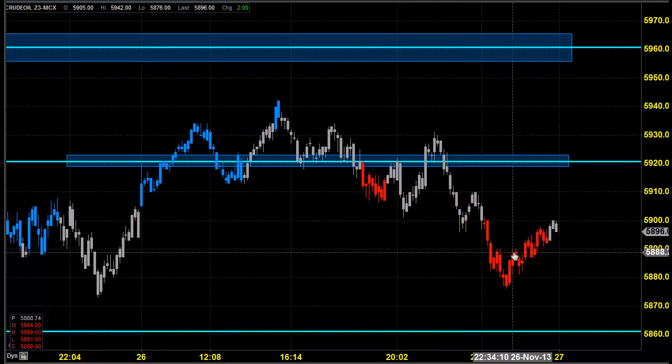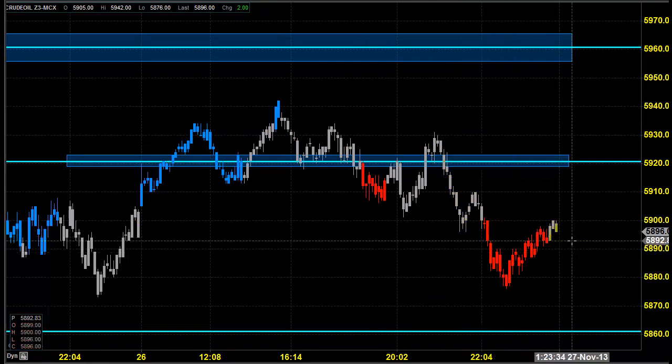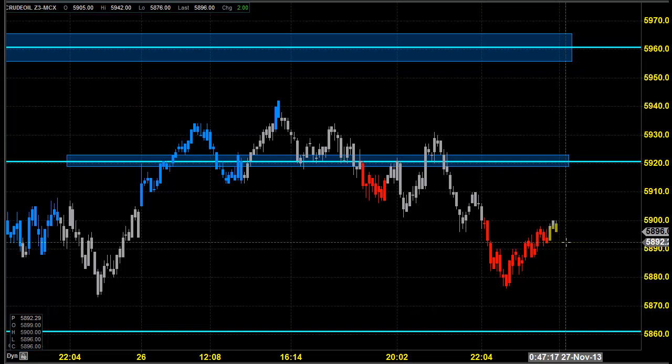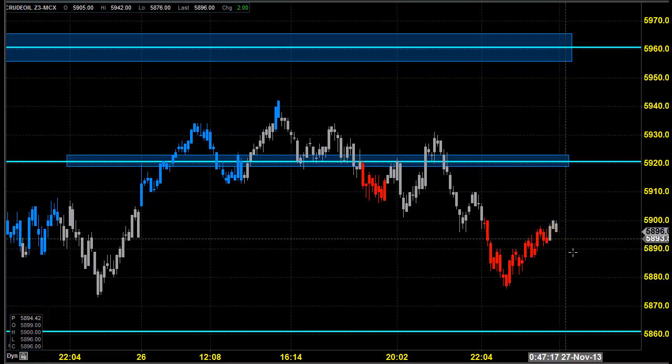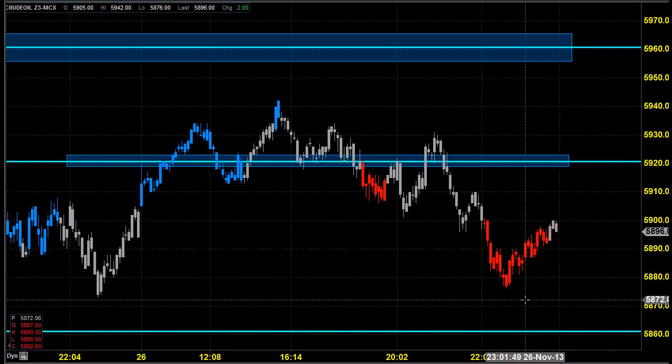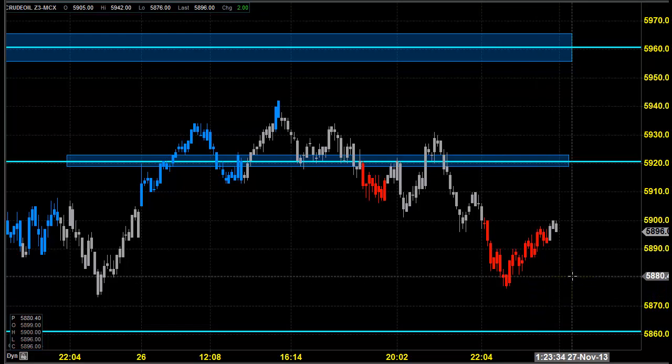So today the price opening is going to play a very key role. When we see the NYMEX market and compare the price opening, we can say the expected opening can be near yesterday's low, that is 5880.